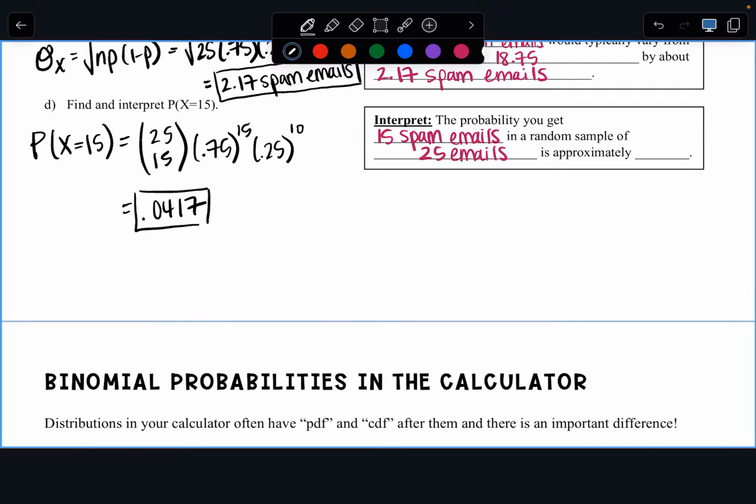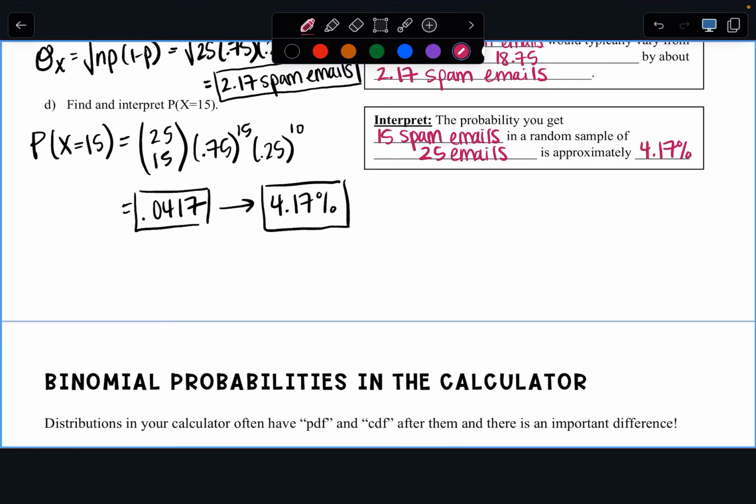The reason I push for 4 decimal places when it's a proportion, like a probability, is because if you convert it to a percentage, which I do when I have to interpret, having 4 decimal places as the proportion guarantees that you'll have at least 2 when it's a percentage. So the probability that you get 15 spam emails in a random sample of 25 emails is approximately 4.17%.